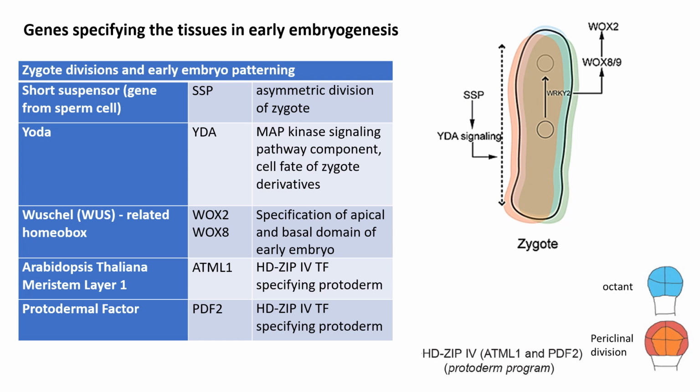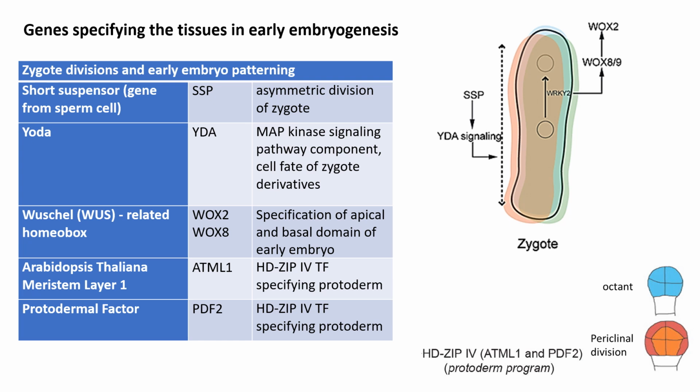It is the Short Suspensor gene, and this gene activates a signaling program in the developing zygote and leads to a first asymmetric division of the zygote. So this gene seems to link the fertilization event to the development of the embryo, and the involvement of the male parent is important for subsequent embryo development.